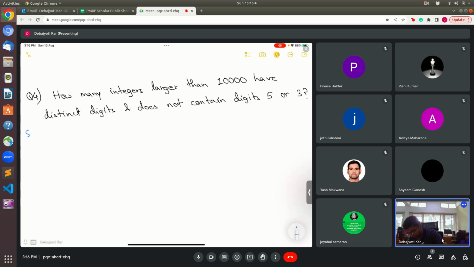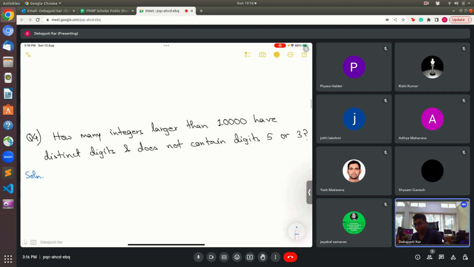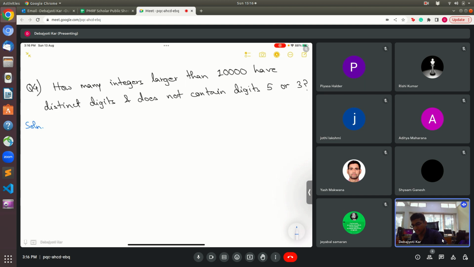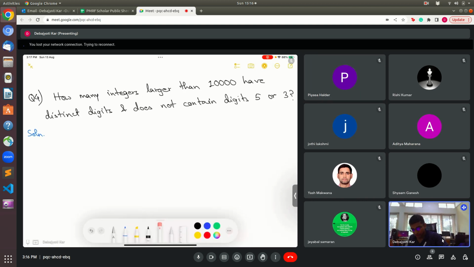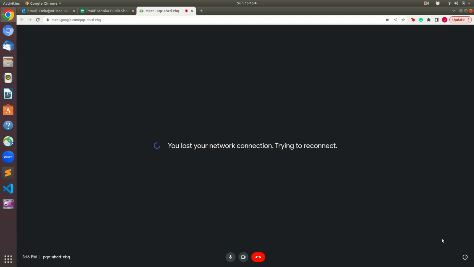Such an integer, since it has to be larger than 10,000, obviously has to be at least a 5-digit number, and now since it has distinct digits and both 5 and 3 do not appear, what is the total number of possible digits?